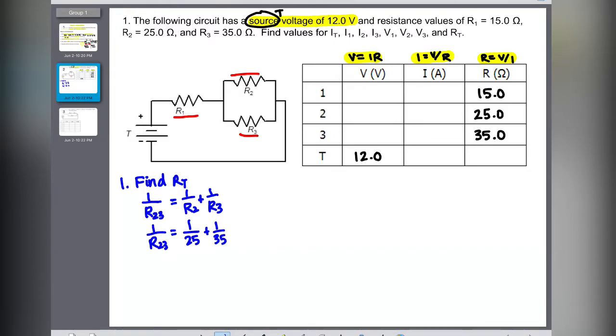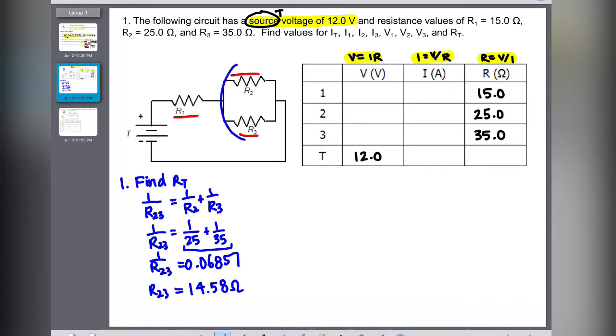Punch it in your calculator: 1 divided by 25, plus 1 divided by 35. Then take the inverse. Remember how we punch in whatever is on the right-hand side and then take the inverse. So first I get 0.06857, whatever, a super big number. Then I press the inverse and press equal. That's what R23 equals: R23 equals 14.58.